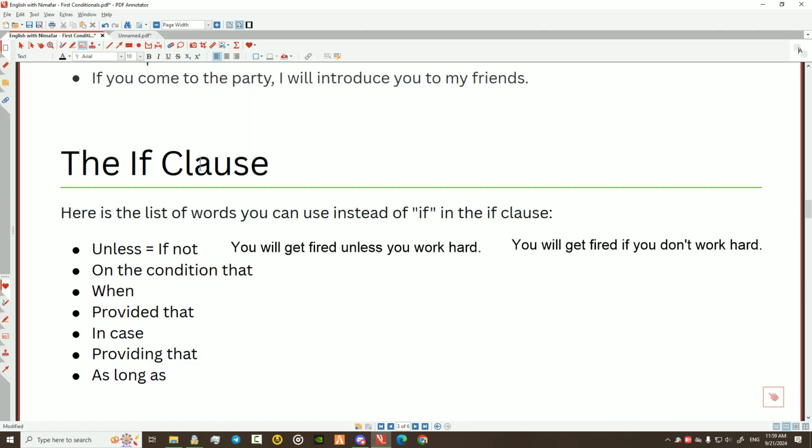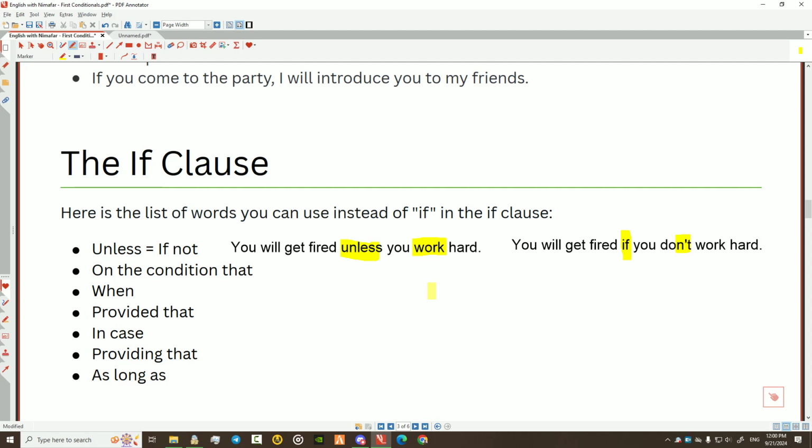So, if you use if and not, like do not, does not, anything, you can change that to unless with an affirmative, positive way. They're the same. You will get fired unless you work hard. You will get fired if you don't work hard. They are exactly the same.